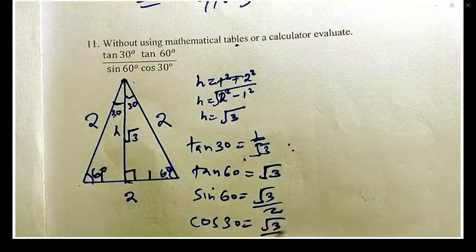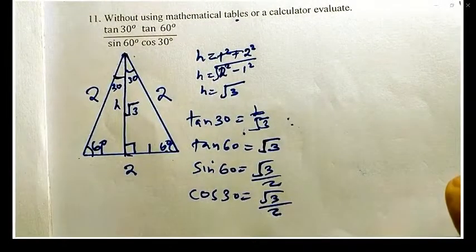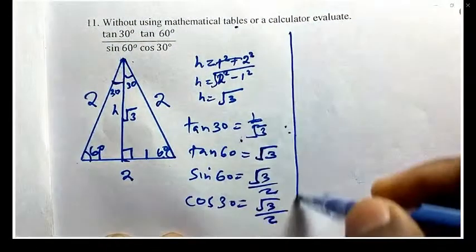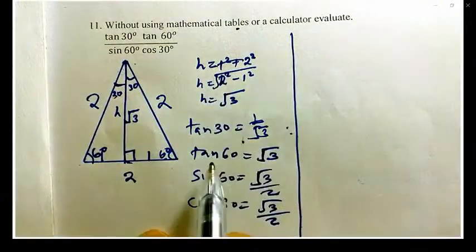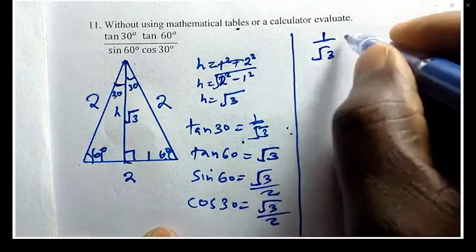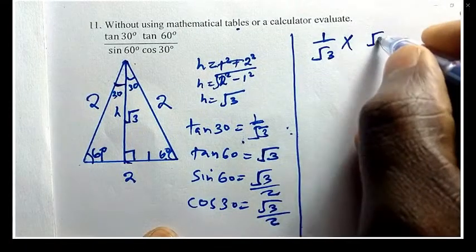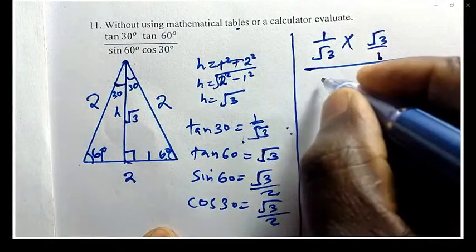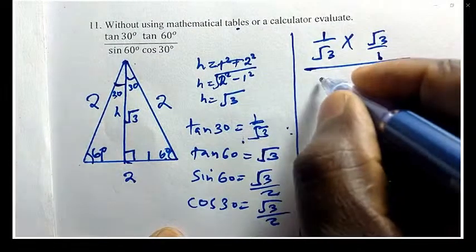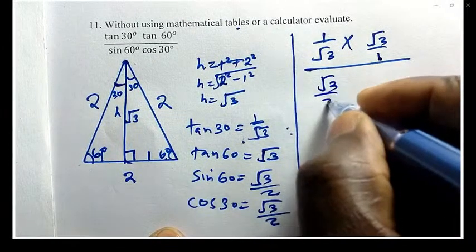So once umekuwa na hizi ratios, you substitute kwa hii tan 30 unaweka hiyo, so itakuwa 1 over root 3 times root 3 over 1, that is the numerator, divided by the denominator, which is going to be root 3 over 2 times root 3 over 2. Sawa?